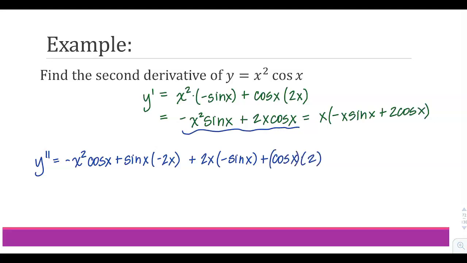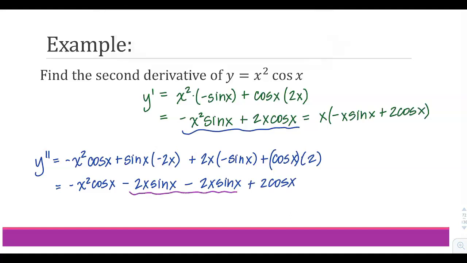So now let's see if there is any simplifying to be done. Let's just clean up each term first. So negative x squared cosine x minus 2x sine x minus 2x sine x. We can do a little bit of simplifying. Plus 2 cosine x. So we can combine some like terms here.